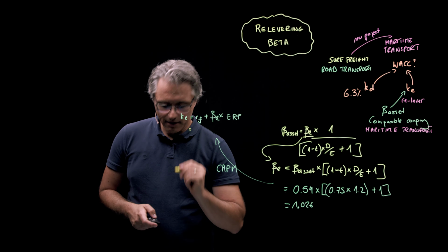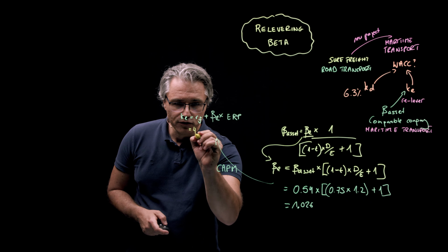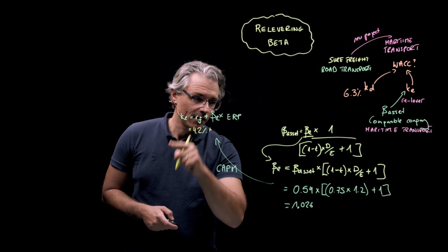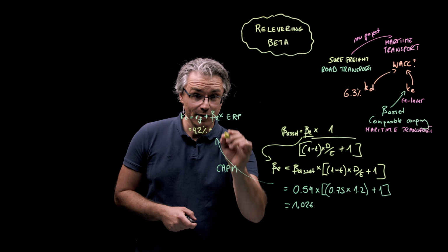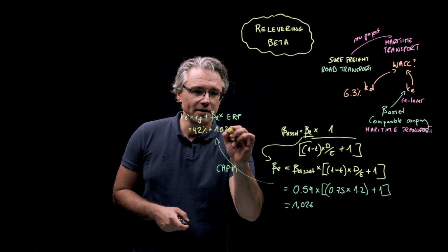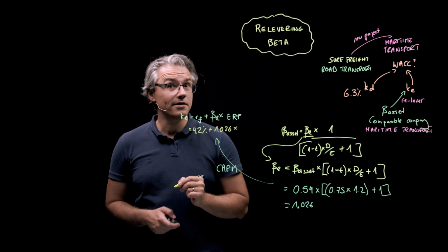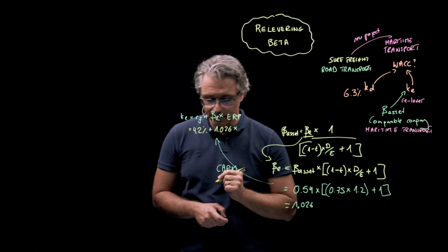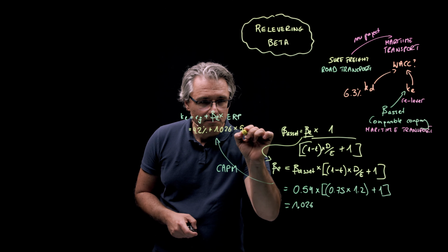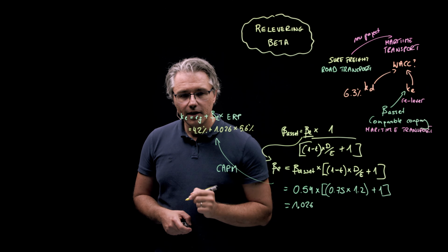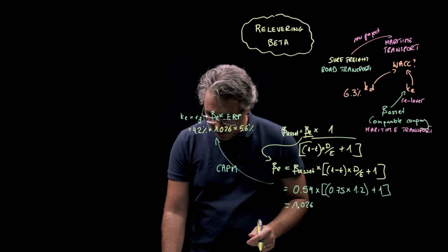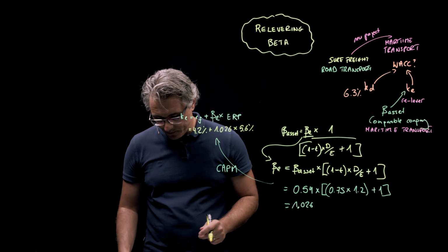That's going to be a risk-free rate of 4.2%. Now, the equity beta is what we were computing over here, 1.026. This is where we need it. And the equity risk premium, as stated in the question, was 5.6%.